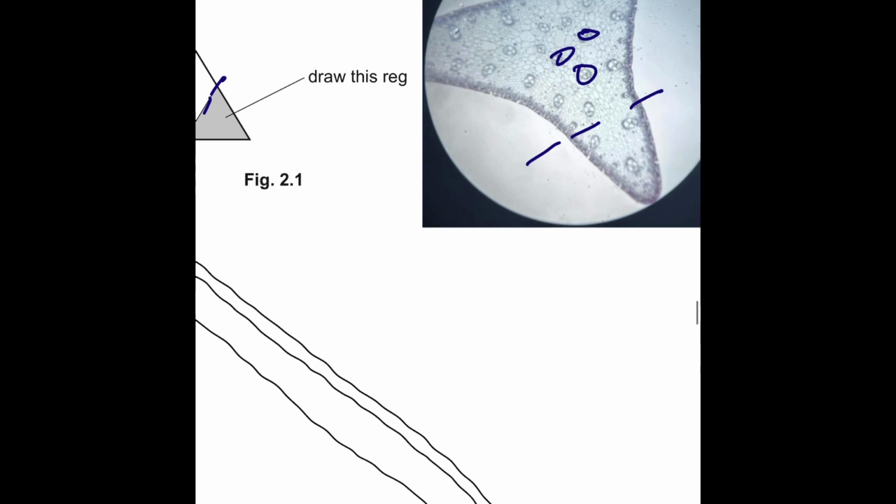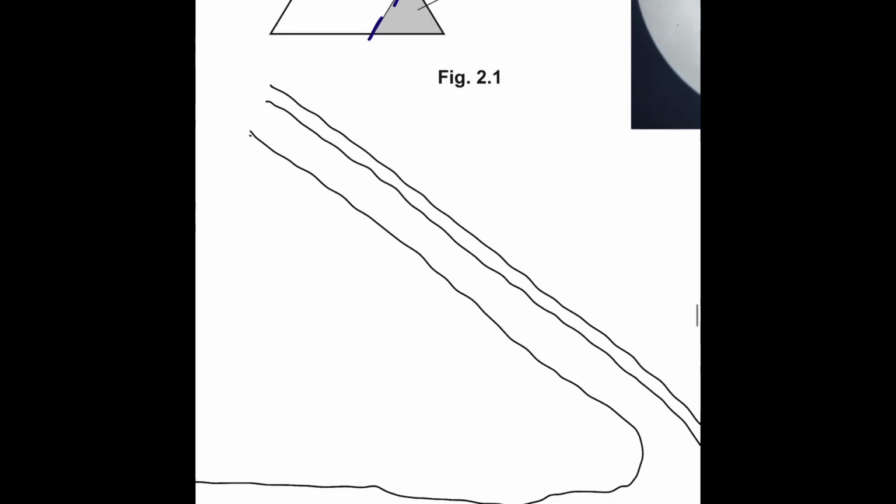Okay, and now I'm gonna draw the vascular bundles. I can see one here. Okay, and the big one is the xylem, and this is the phloem, and between them is cambium cells. Okay, and then I'll draw another one. Xylem, phloem, cambium cells.